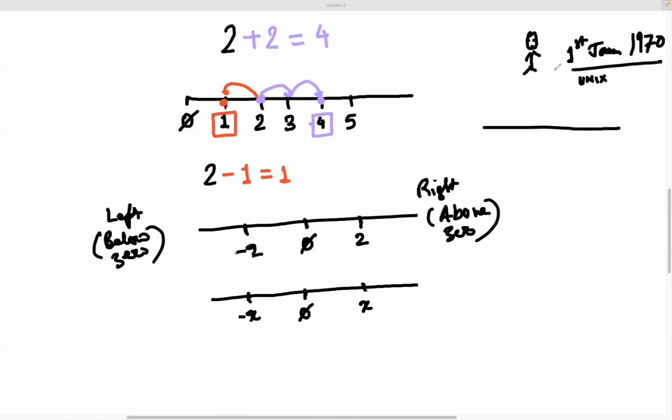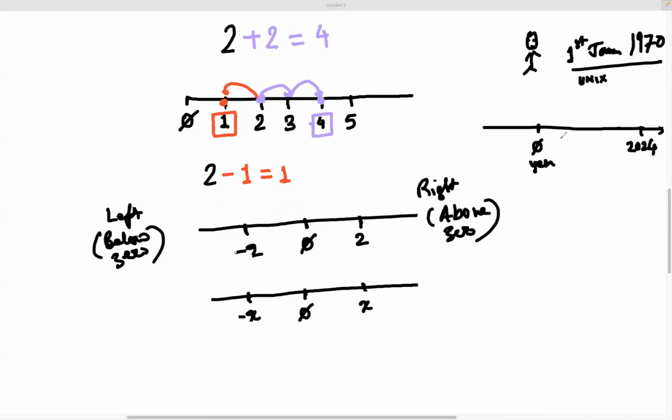So let's say the date of birth of this person is 1st of January 1970, and what we can then say is the day of birth we can put as the origin, 0, and so that is the 0th year. Now let's say the year is 2024, which it is.